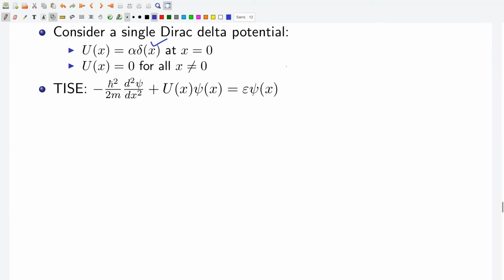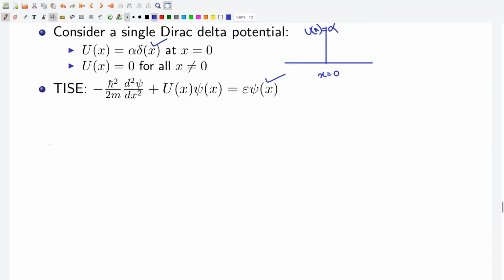That is, the potential has a spike of height alpha at x equal to 0, and the potential is 0 everywhere else. The time-independent Schrodinger equation is given by this.